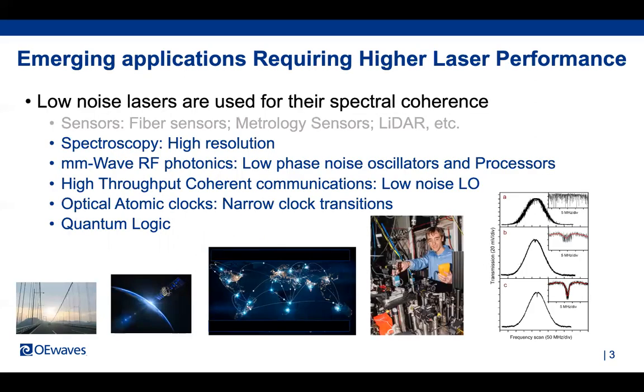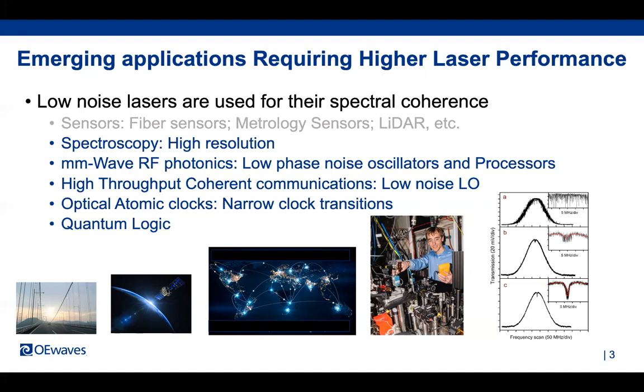Meanwhile, there are some emerging applications that demand very high performance from the laser. They range from higher resolution spectroscopy and millimeter wave RF photonics, all the way to coherent communications, atomic clocks, and quantum logic. Typically, take the case of coherent communications: the low noise of the LO, which is of importance, has been given by the line width of the laser.